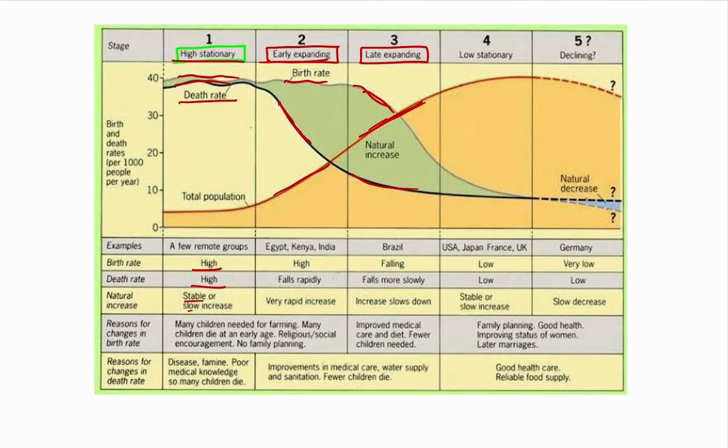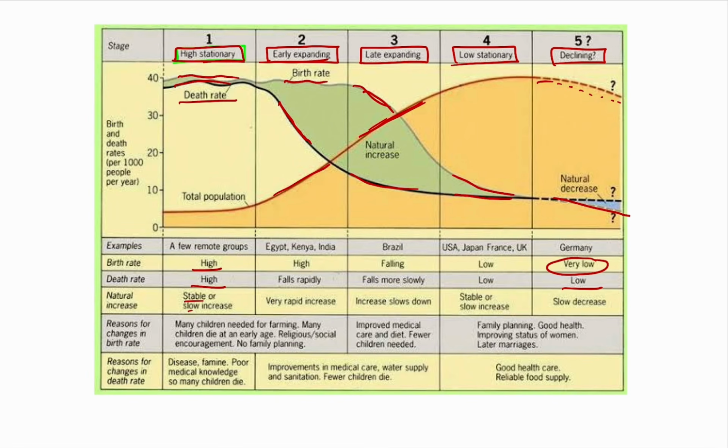In the late expanding phase, as birth rate slows down, the increase slows down. And here is the late stationary phase, where both birth rate and death rate are low, and the population is again stable. In the declining phase, birth rate is much lower than death rate, and the total population decreases.